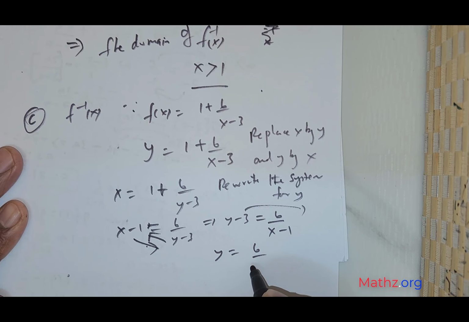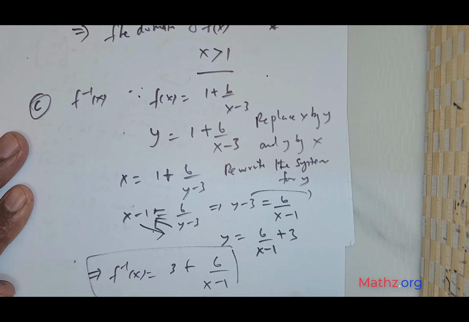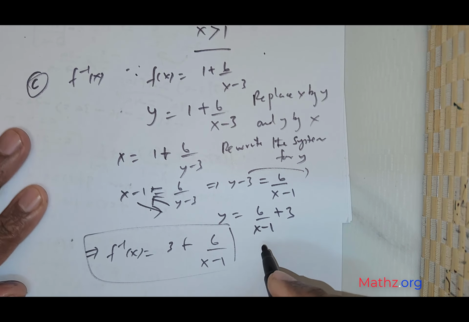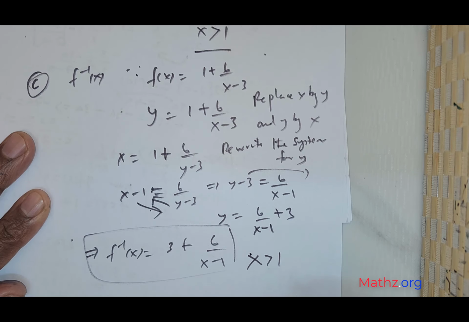This gives you y is equal to 6 over x - 1 + 3, which means f inverse of x is equal to 3 + 6 over x - 1, which means the domain is only defined for all x greater than 1.